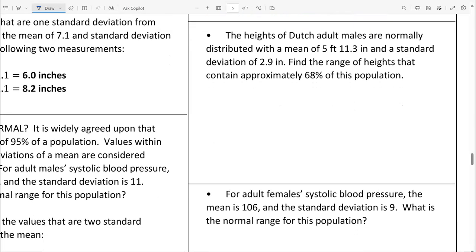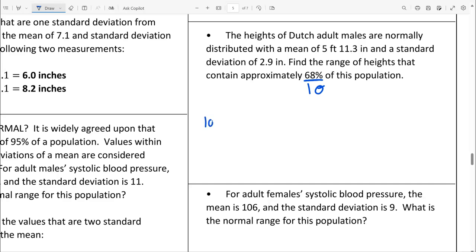Let's look at this next one. The heights of Dutch adult males are normally distributed with a mean of 5 feet and 11.3 inches and a standard deviation of 2.9 inches. Find the range of heights that contain approximately 68% of this population. So 68%, again, you can flip back and look at that original bell curve, but that's going to be 1 standard deviation away from the mean, again in both directions.